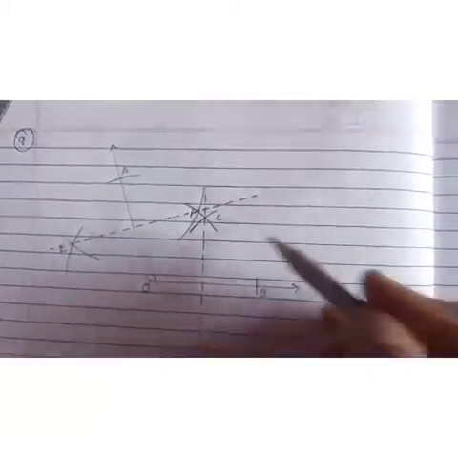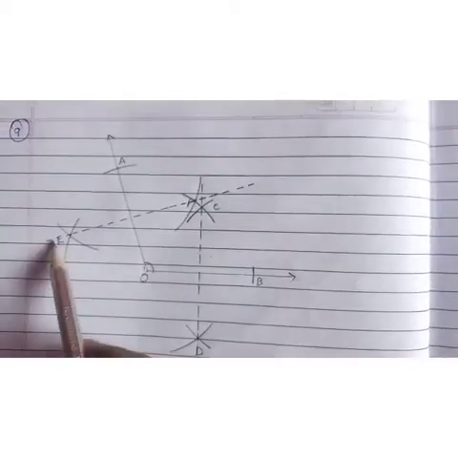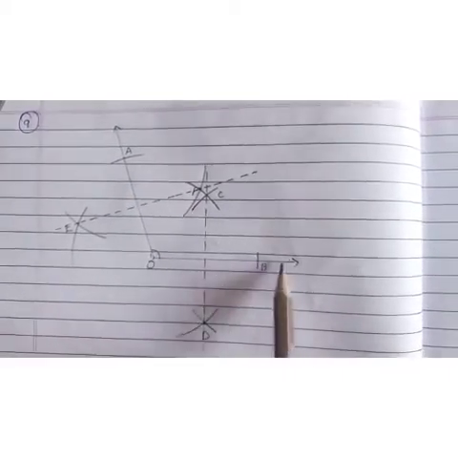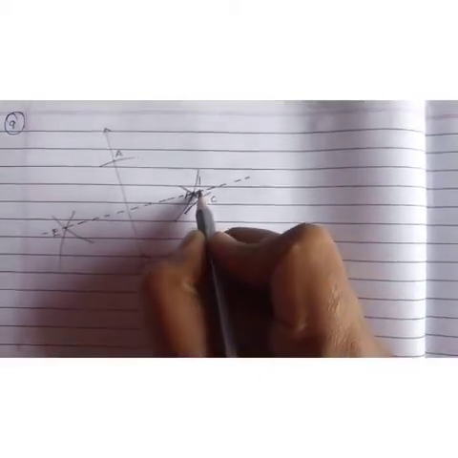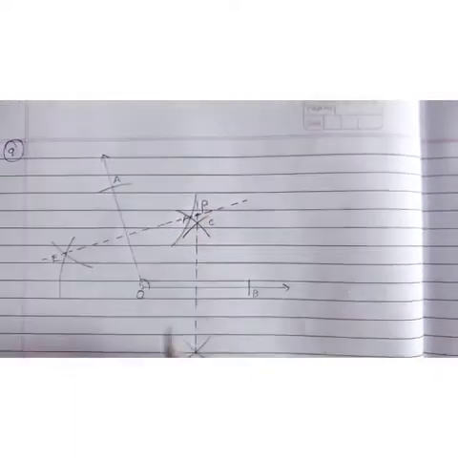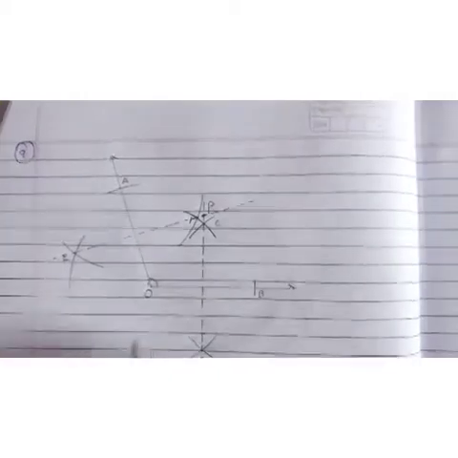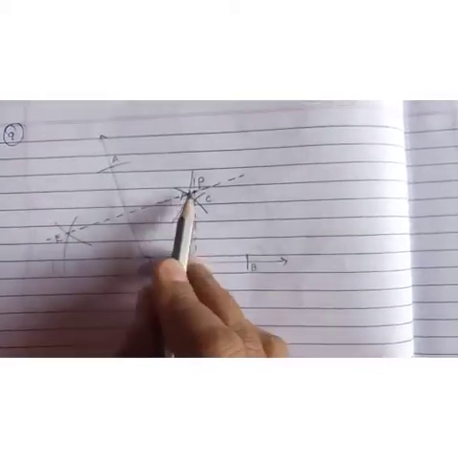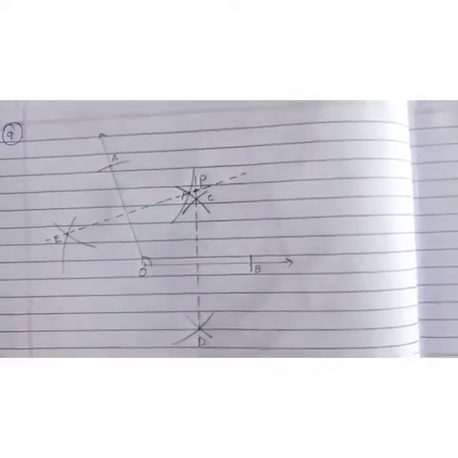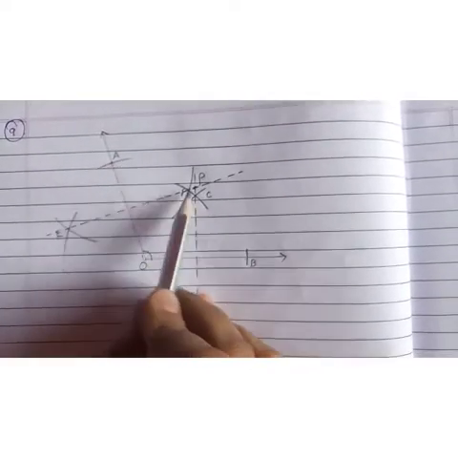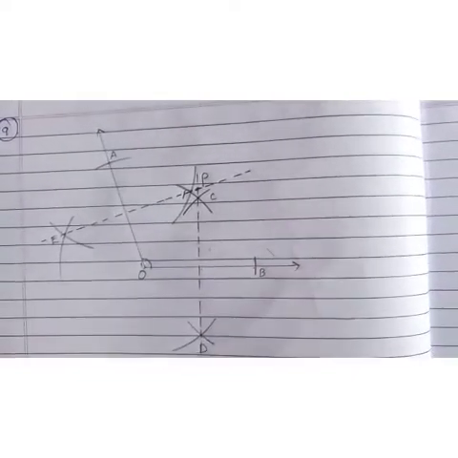When I extend this, you observe that the bisector of line segment OA and the bisector of OB meet at a point here, isn't it? Let me mark this point as P. Now the question is, is PA equal to PB? Use your scale and draw a line and check, or you can check directly.